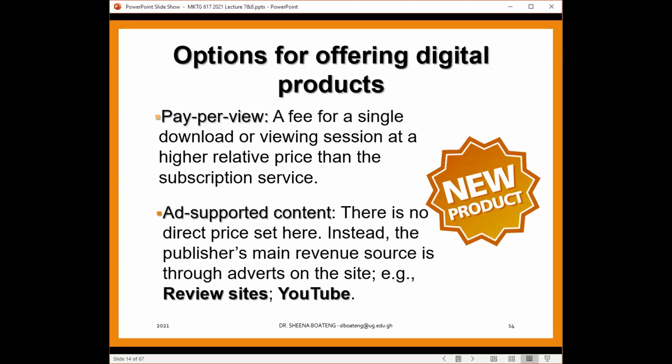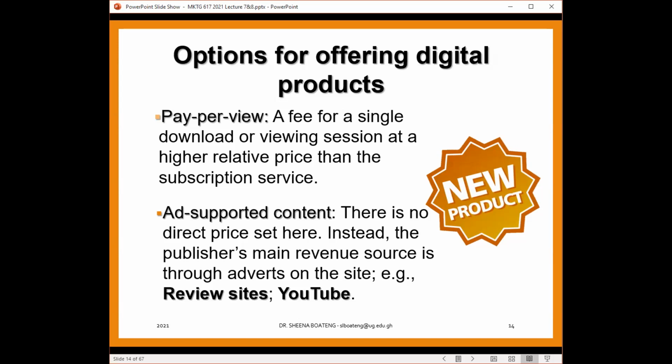So they do so mainly through selling adverts on the platform, like we experienced with regard to the review sites and the price comparison sites, which are supposed to be neutral and provide customers with unbiased, independent perspectives on various products and services and the price points at which they can be purchased, right?